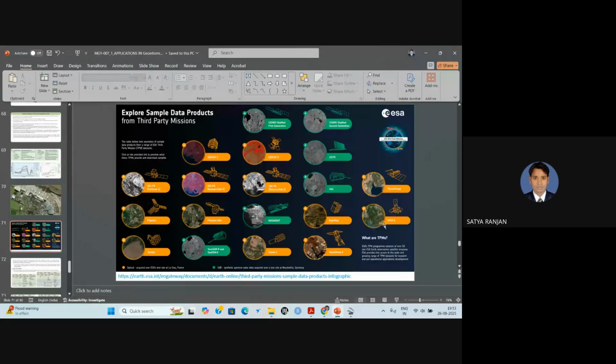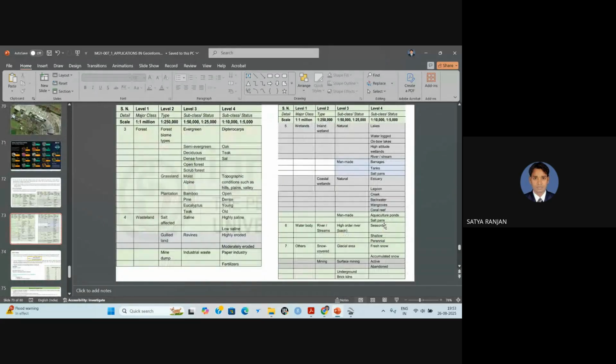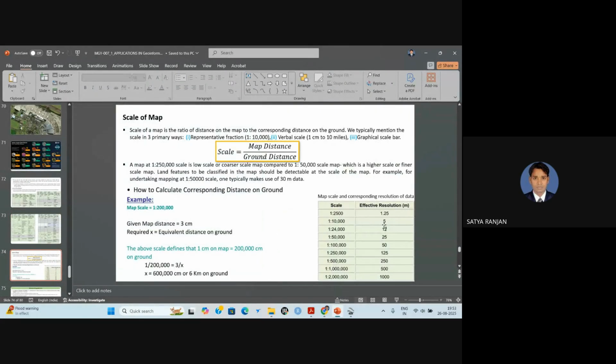There was one slide in which you showed one table.